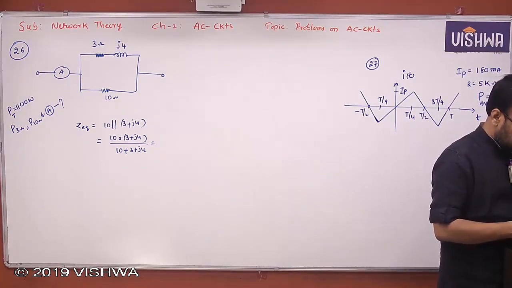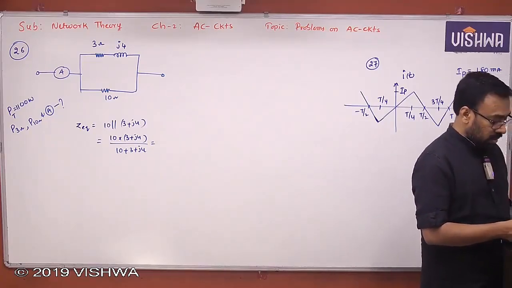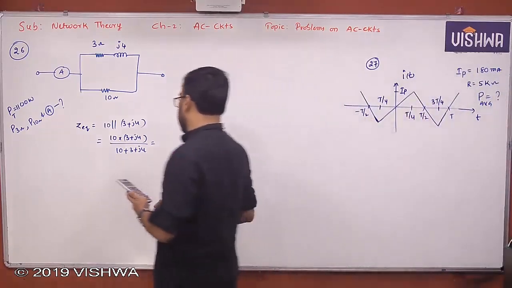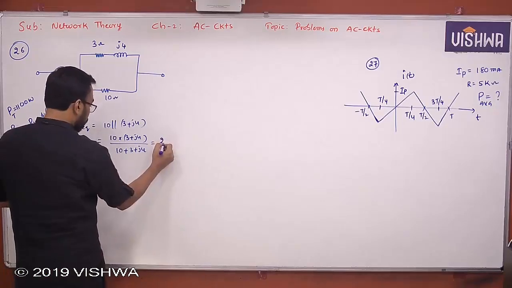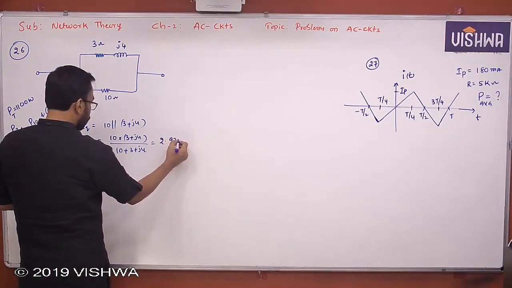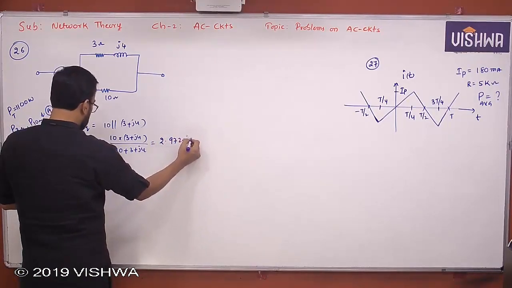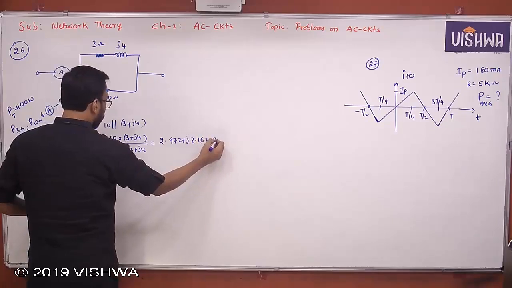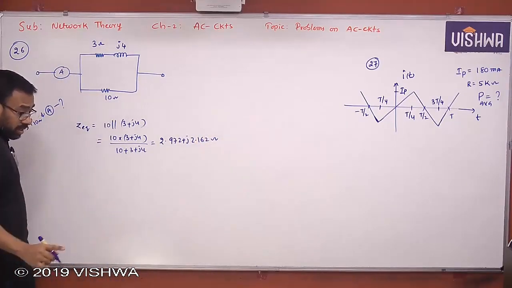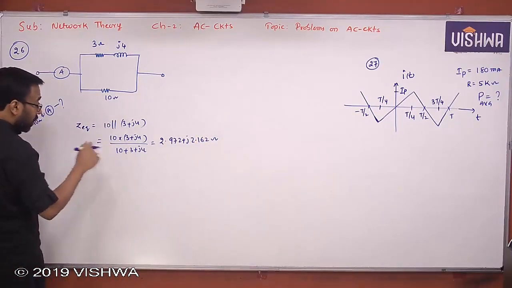Just a minute, let me calculate it. (10 inverse plus (3 plus j4) inverse), whole inverse. You got 2.972 plus j2.162 ohm. Okay, so this is what Z equivalent actually is. You understand? This is the Z equivalent you got.